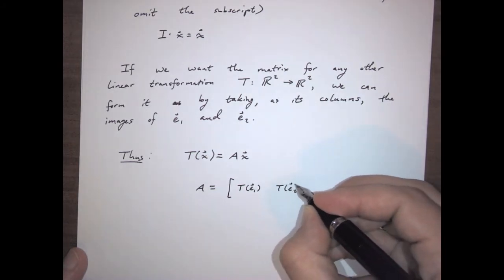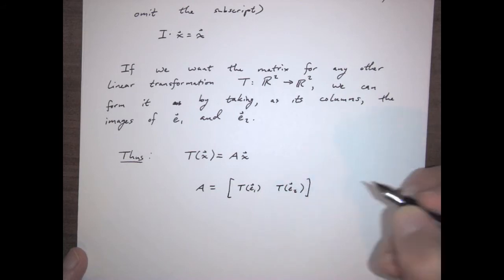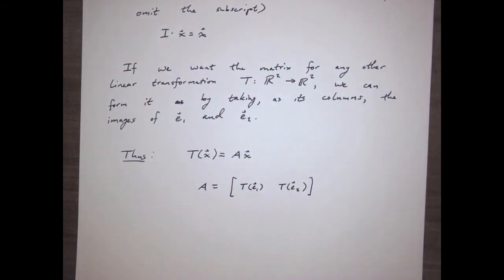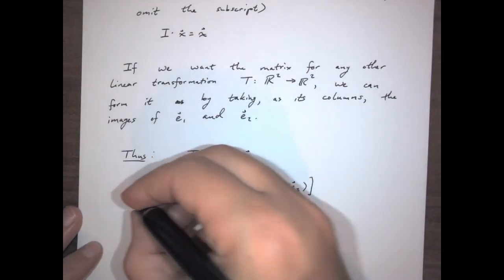These are the column vectors that you get when you apply the transformation that you desire to the basic unit vectors, the standard unit vectors.